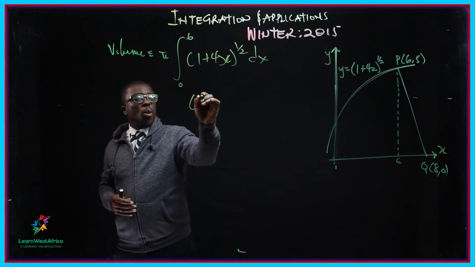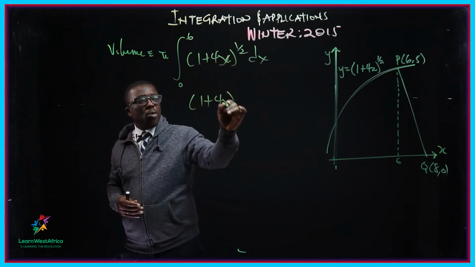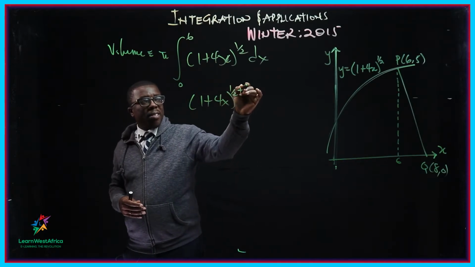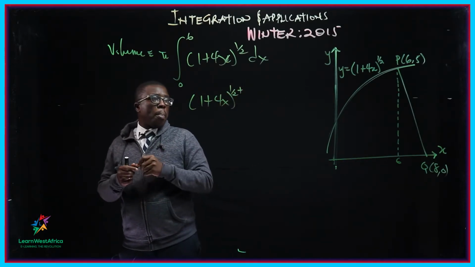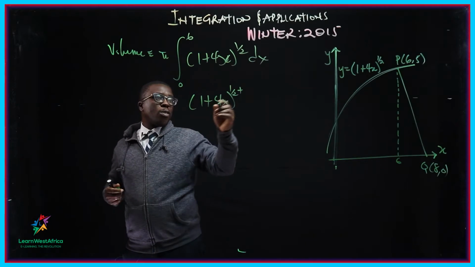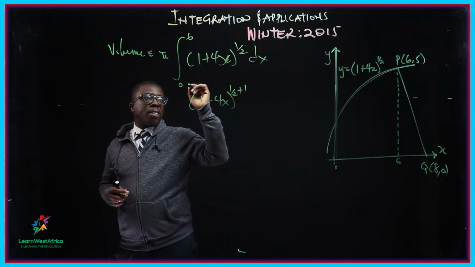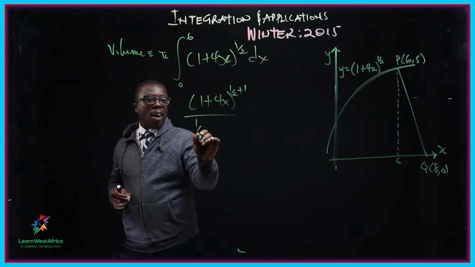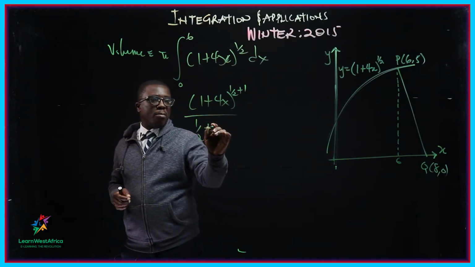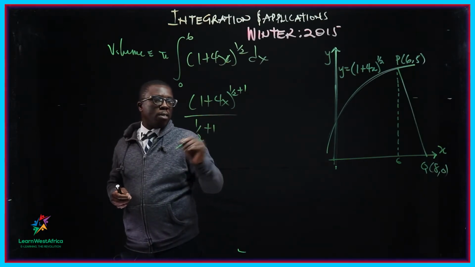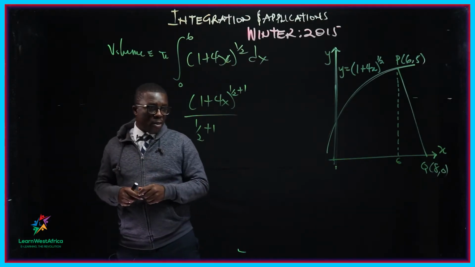So we're going to have 1 plus 4x raised to the power half plus 1, then we divide. No, let's correct that aspect.